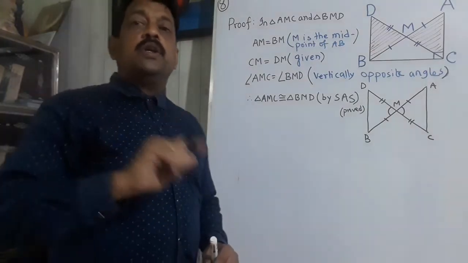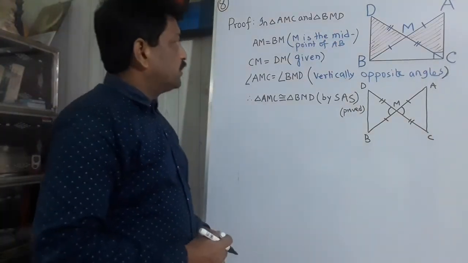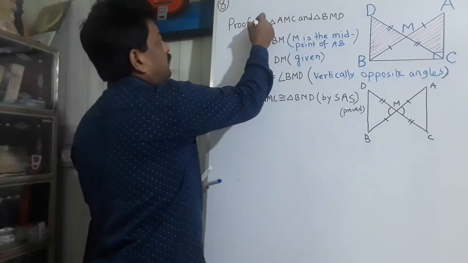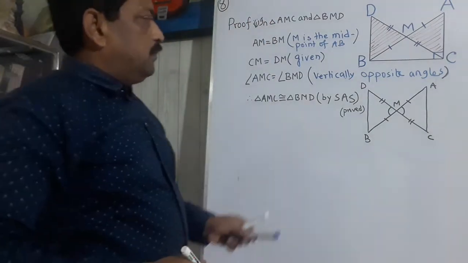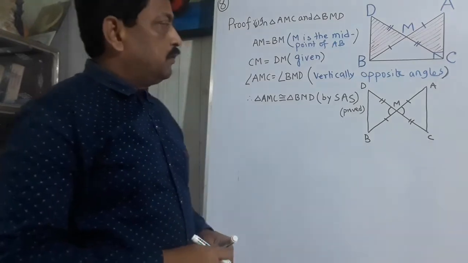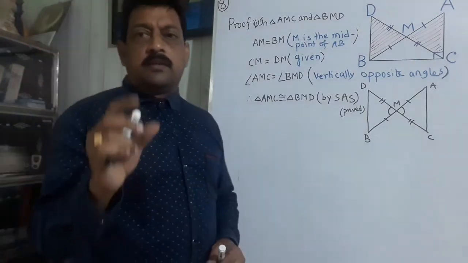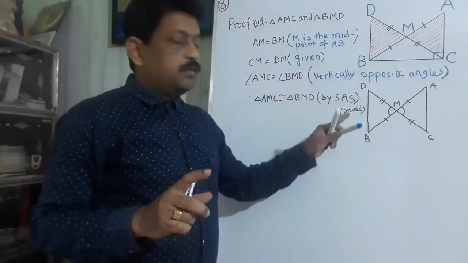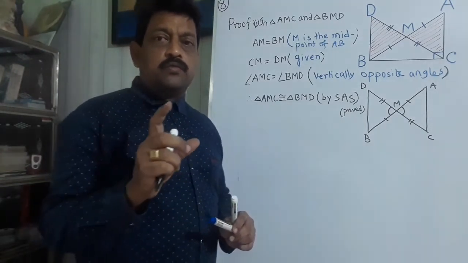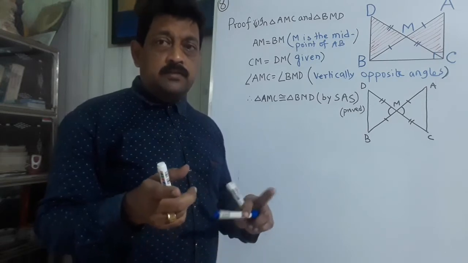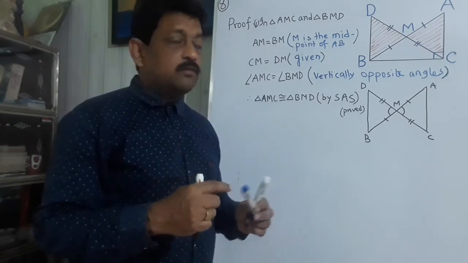Now before going to the second question, always remember, after showing congruence, there are certain things which are equal, that is the corresponding parts of the congruent triangles.